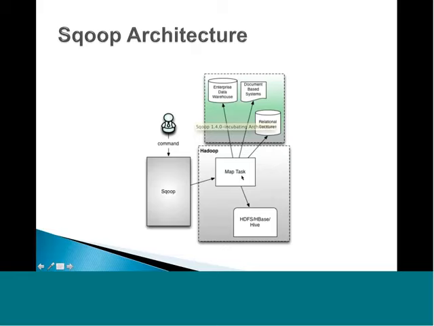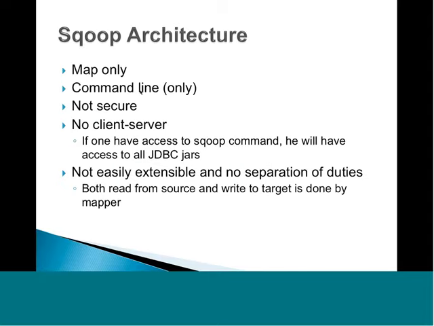Primarily it uses only map only jobs to get the data from either the relational databases to Hadoop or from Hadoop based systems to relational databases. For both, sqoop1 uses map only MapReduce jobs. So there will not be reducers involved in that. So it is map only.